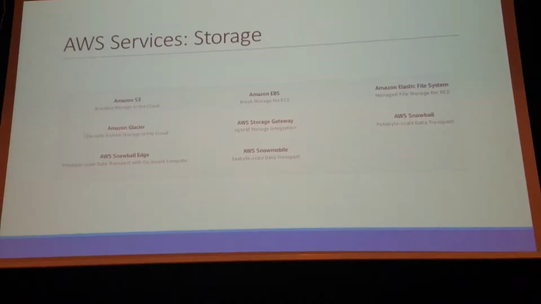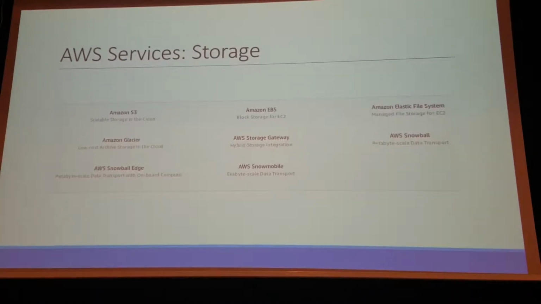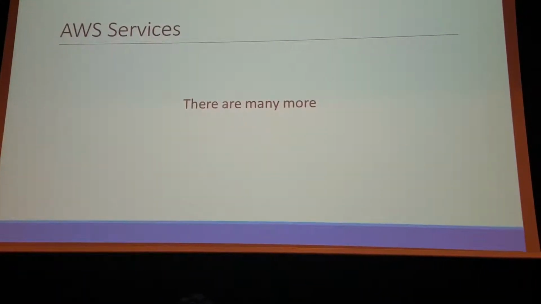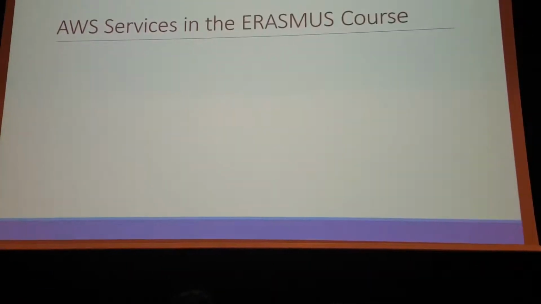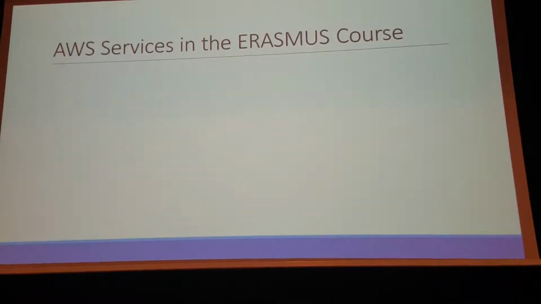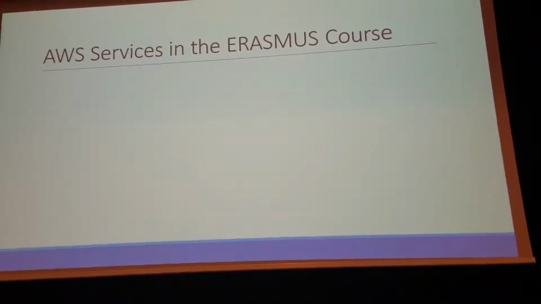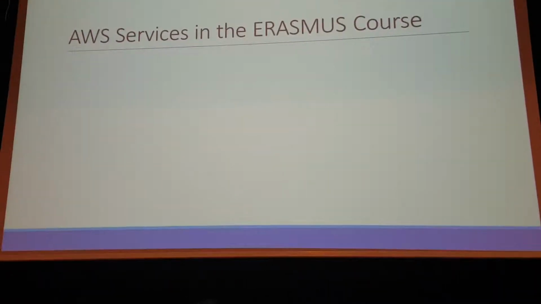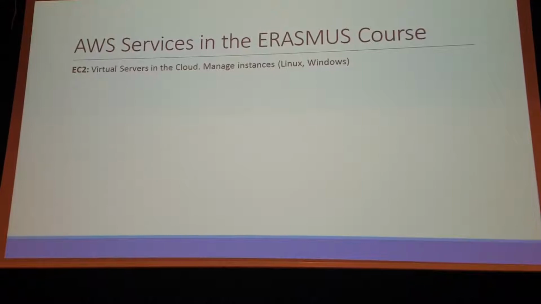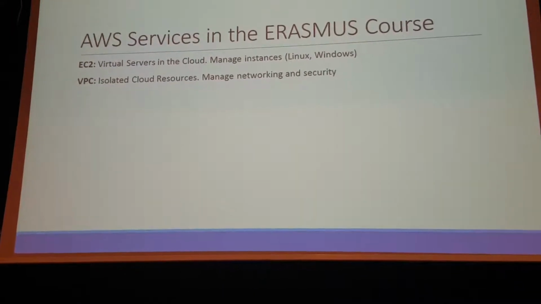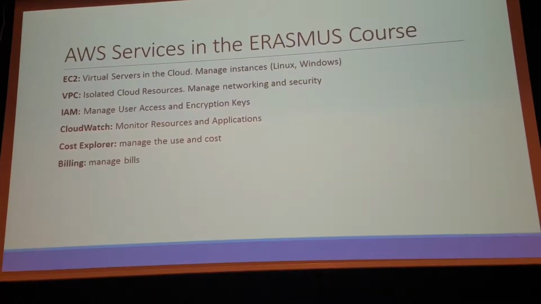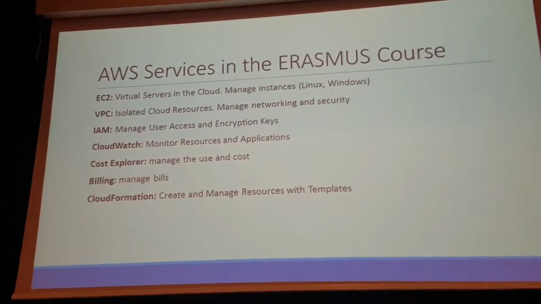These are some services for storage, security, and there are many, many more. I think in the Erasmus course, the students will focus on only a subset of the services offered by Amazon, including EC2, VPC, IAM, CloudWatch, Cost Explorer, billing, and CloudFormation.